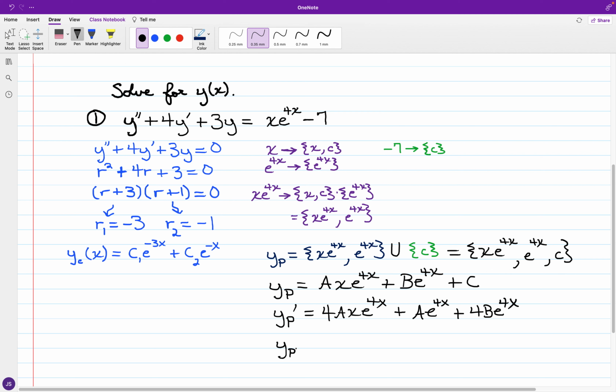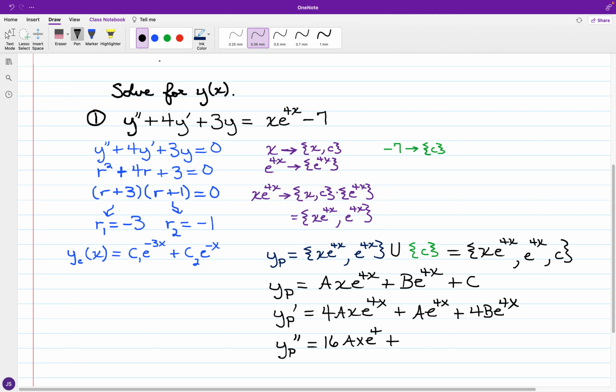If I go up to the second order derivative, with respect to e to the 4x, we have 4e to the 4x times 4ax, so we're going to have 16axe to the 4x. Taking the derivative with respect to x, we have 4ae to the 4x, and we have another 4ae to the 4x.